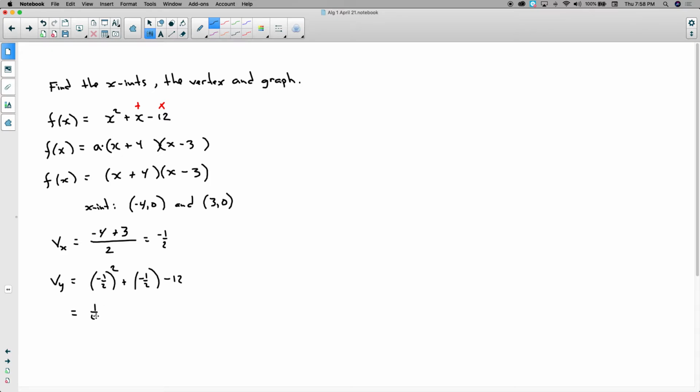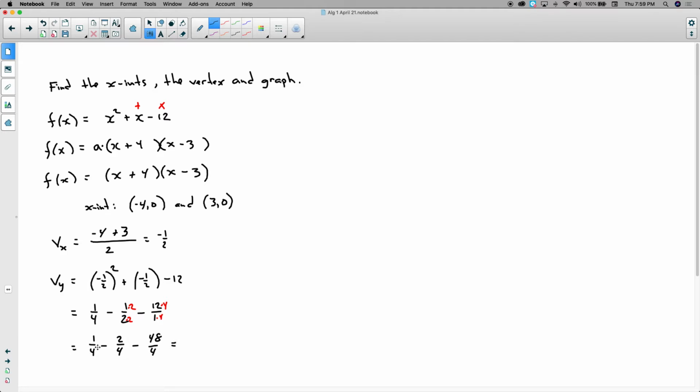That's going to be 1/4 minus a half minus 12 over 1. I'm going to go for a common denominator of 4. This one needs to be multiplied by 2. This one needs to be multiplied by 4. And let's see. So that's 2/4. And this one is 48/4.